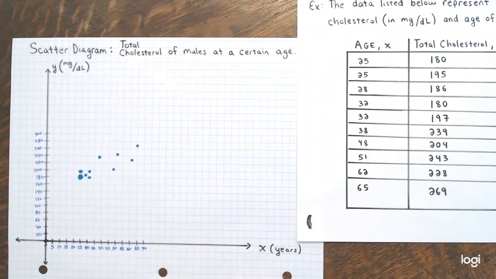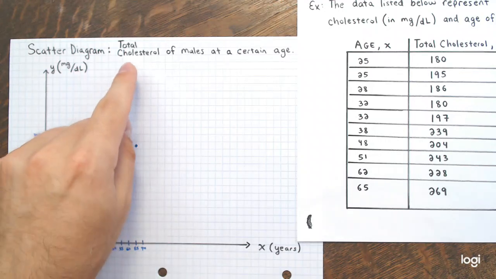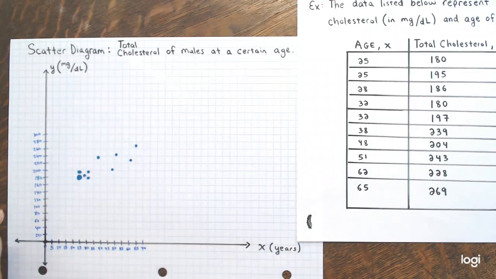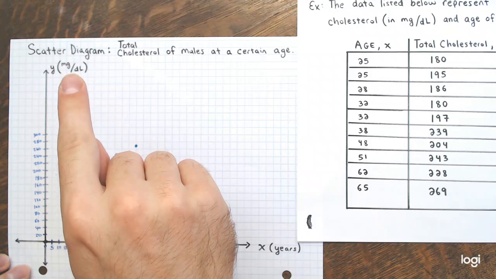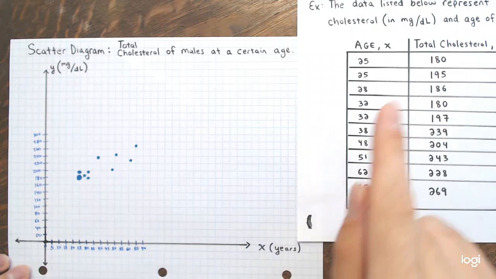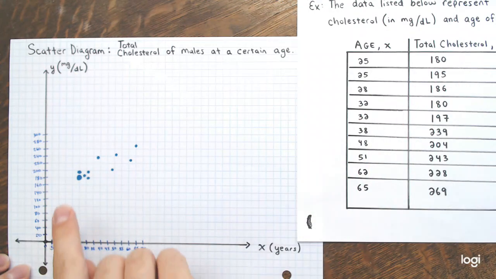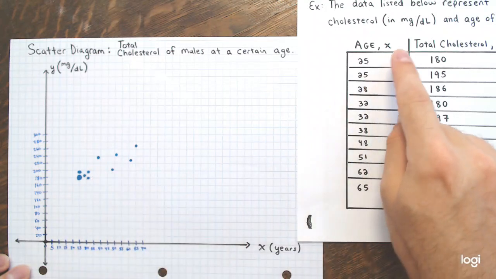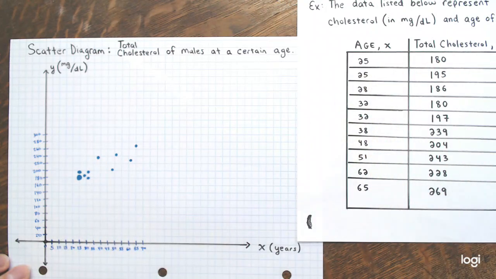And here's the scatter diagram: total cholesterol of males at a certain age. My horizontal axis represents the number of years, the age. My vertical axis represents the number of milligrams per deciliter, that's the total cholesterol, and each of these points corresponds to one of these pairs of numbers. On my horizontal axis, every square represented 5 years.